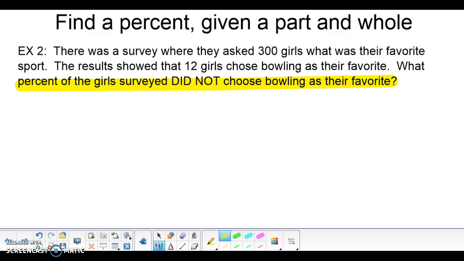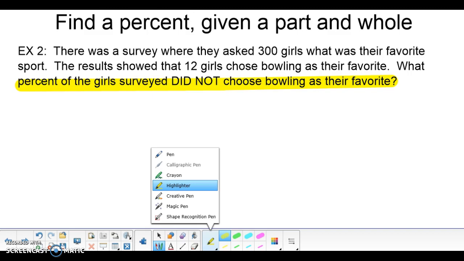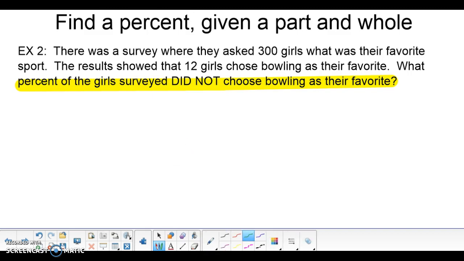So same idea. We're going to use our proportion to help us find that percent that did not choose bowling. Part over whole, you know what, I'm going to just use letters. Part over whole equals percent over 100.